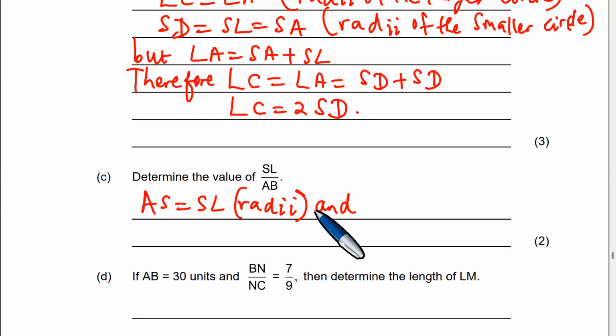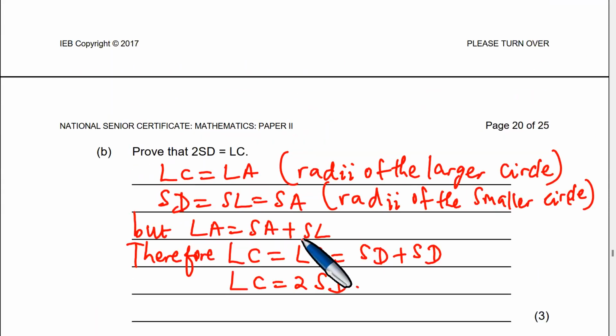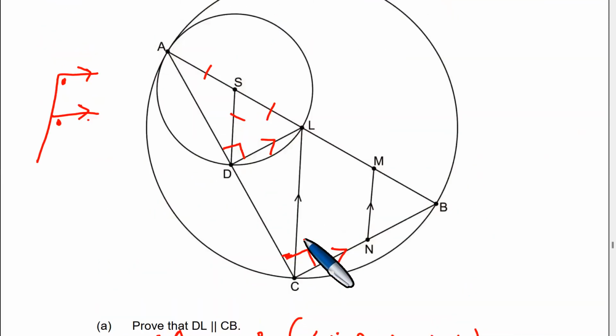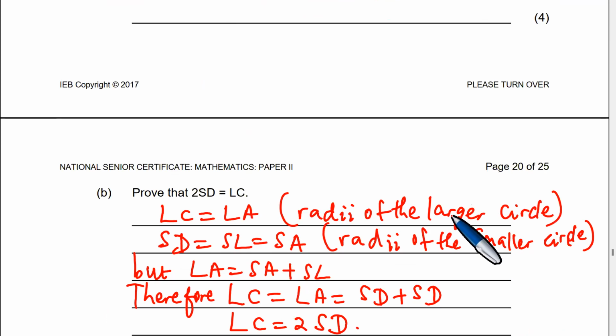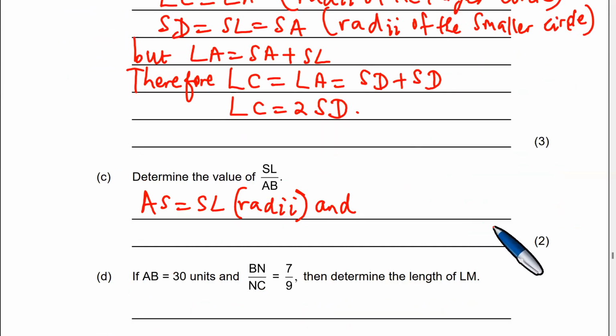Next you have AL and LB. AL is equal to LB, and these are also radii.